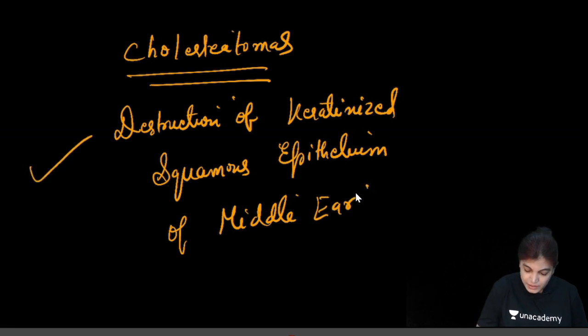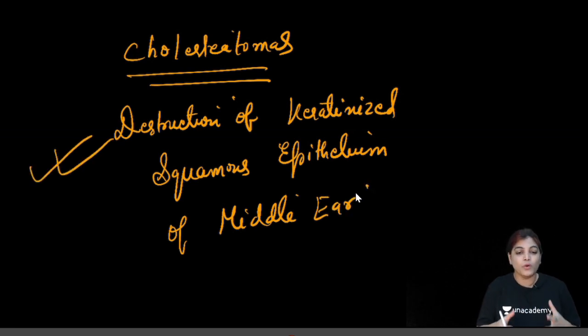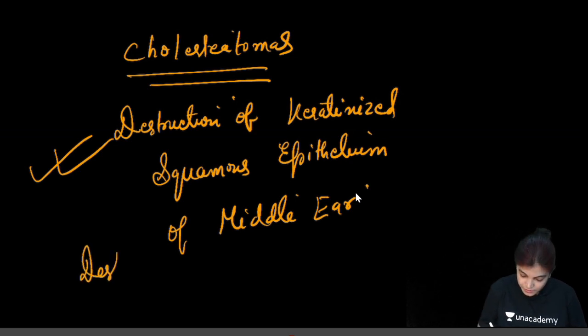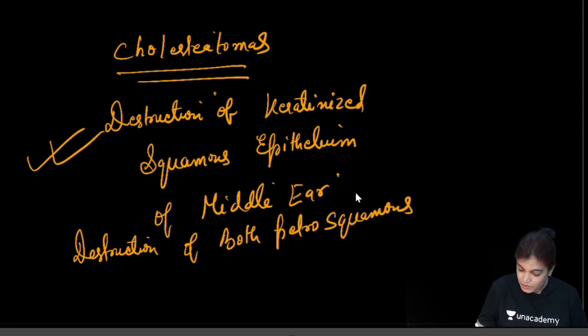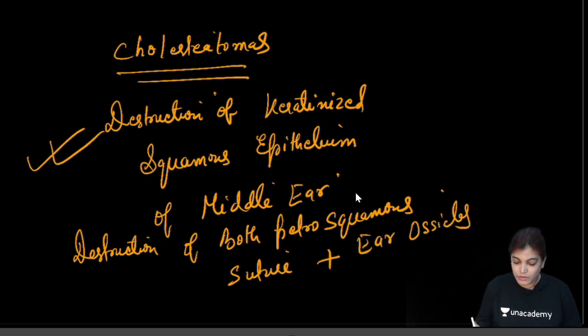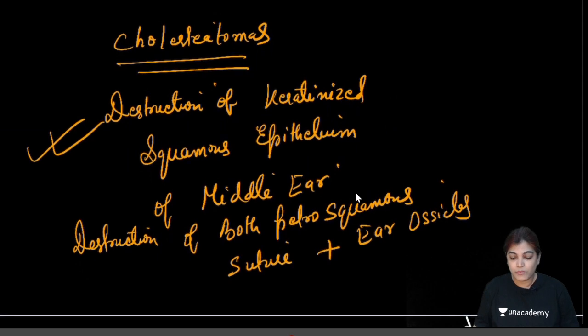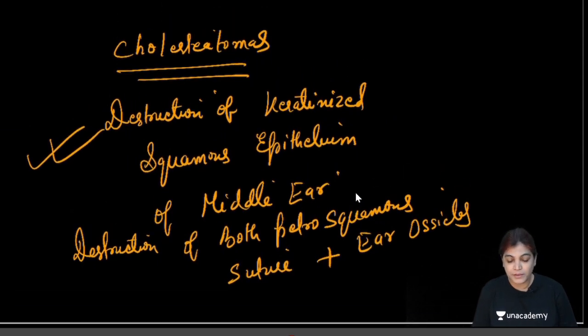In this condition, there will be destruction of both the petrosquamous suture and that of the ear ossicles. So there is destruction of both. It is very important to keep these points in mind.